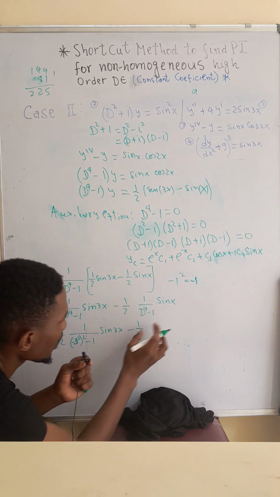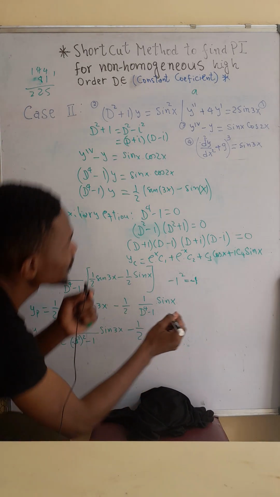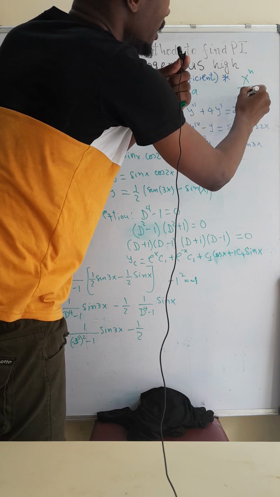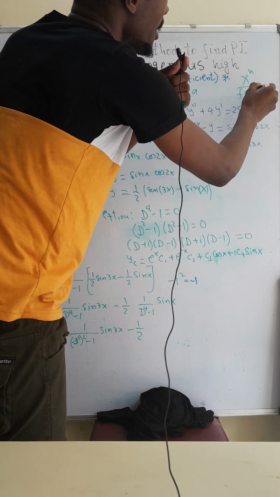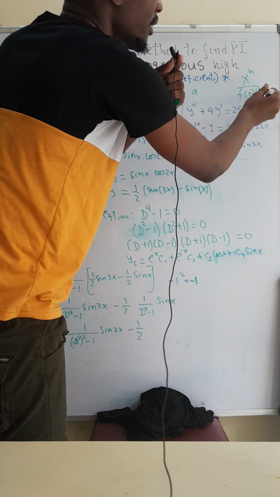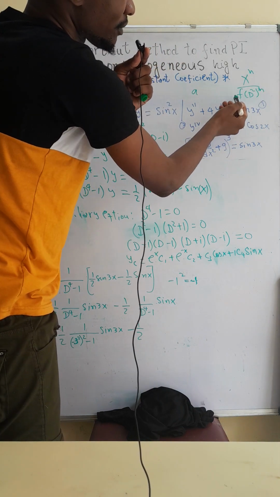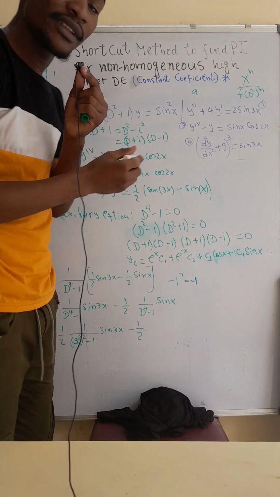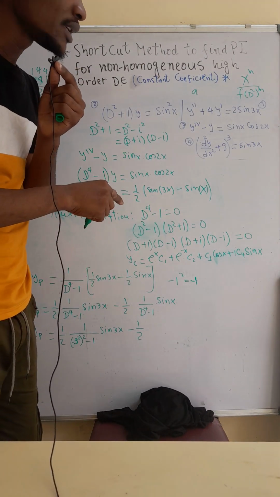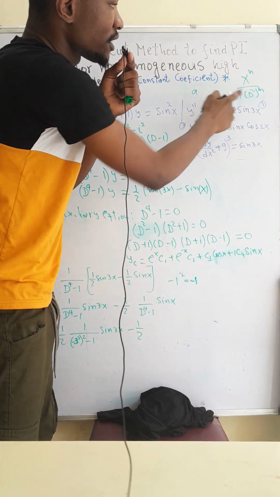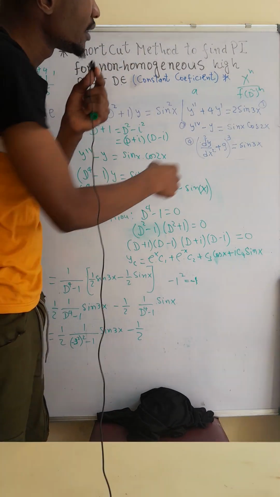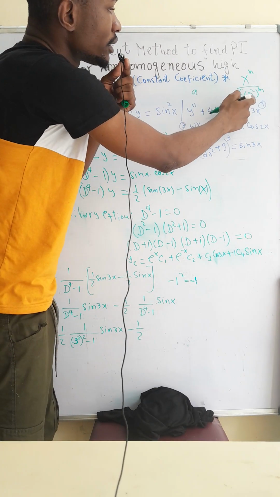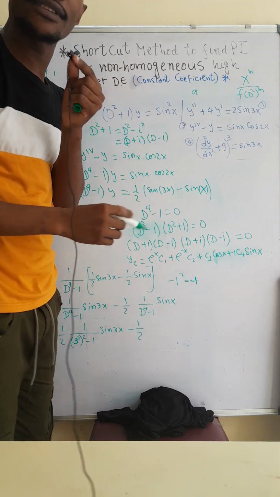When we substitute and it is 0, we remember that we have to multiply by x raised to n, and here f of d squared must also be raised to n. Here n means the number of derivatives, given by the number of zeros when we substitute. If we substitute once and it gives us 0, then we put the value of d squared and it gives us 0 again.